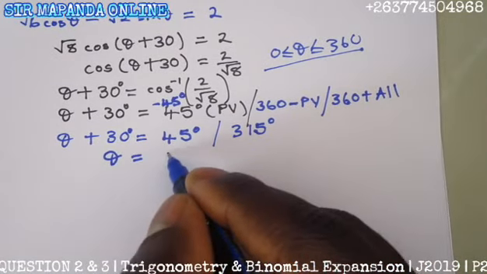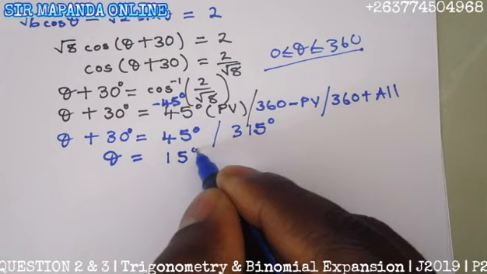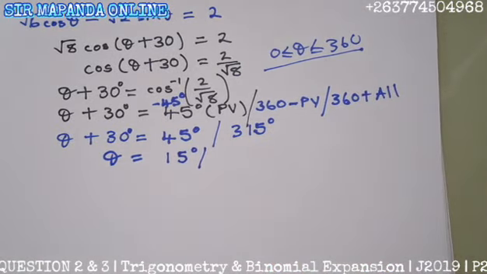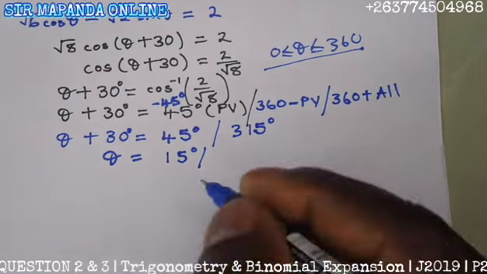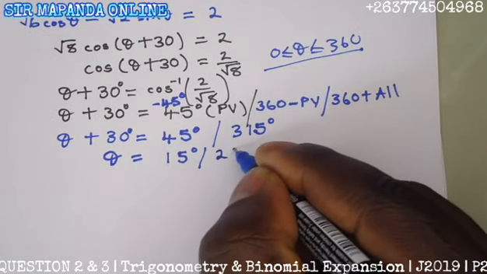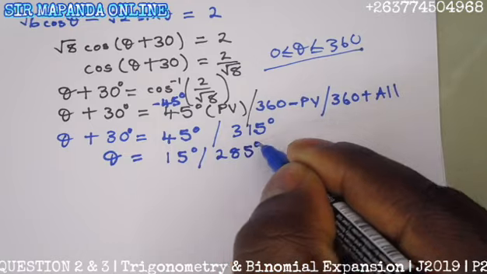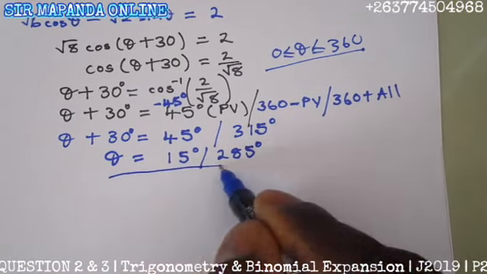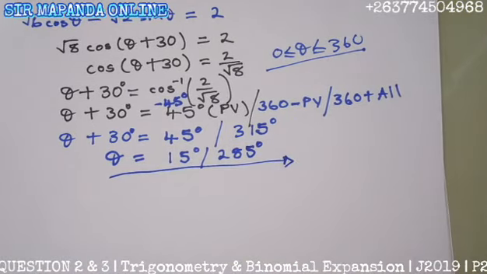So 45 minus 30, the first solution is 15 degrees. Then 315 minus 30 degrees, you get 285. So these are the solutions. Then you get yourself 5 marks. This is how you are supposed to solve this equation.